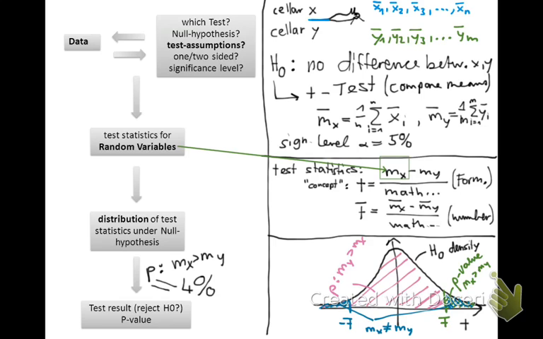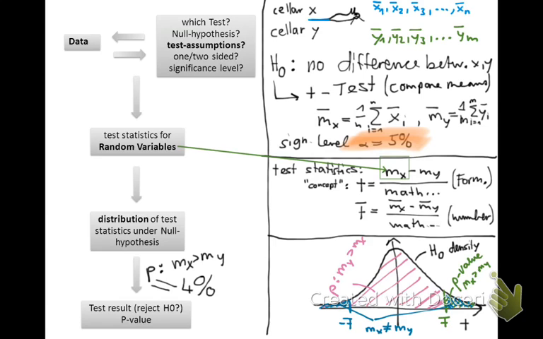If my significance level alpha is 5%, that means it's fine. I only need to have 5% security, and that's fine with me. So 4% p-value means I reject the null hypothesis and I call my experiment a success. Indeed, cellar X has larger, longer mouse tails than cellar Y.